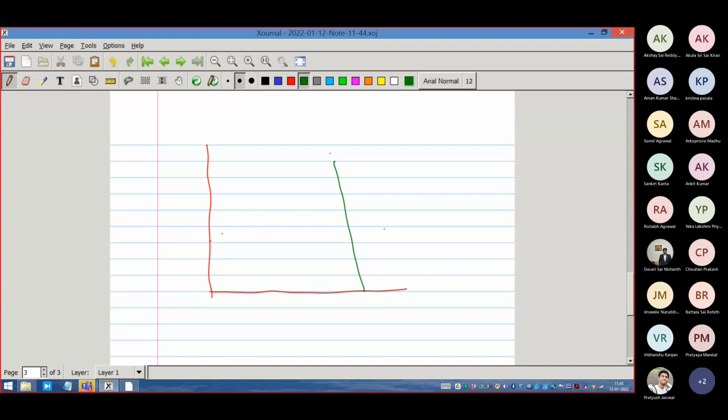Let us say I am drawing it a little bigger so that it is clear. Suppose this was the original operating point, point number 1.